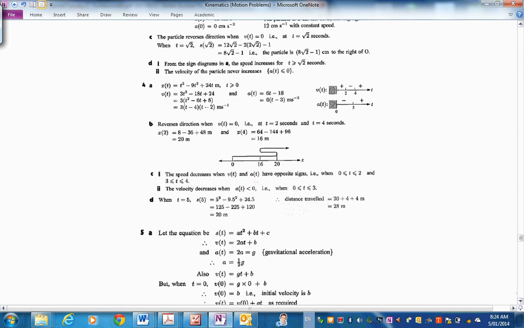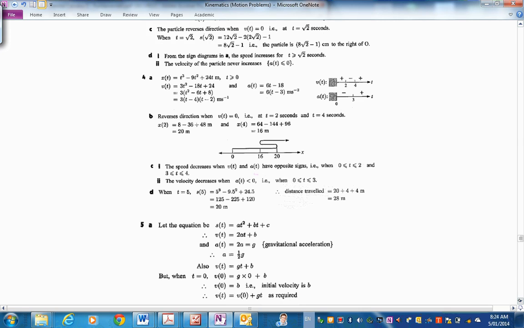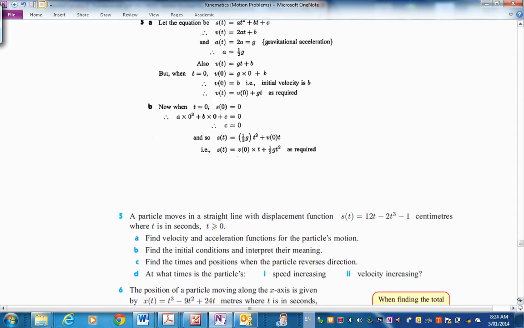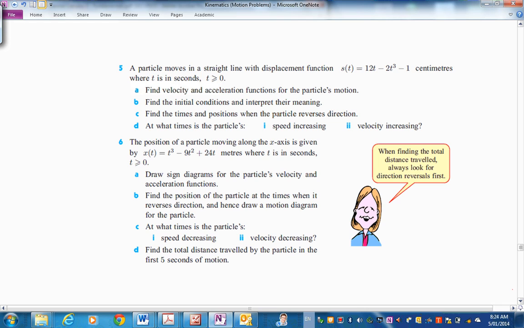Question 4. Question 5. Okay, I've added some from another version of Hayes and Harris books there. 2 more, 5 and 6.